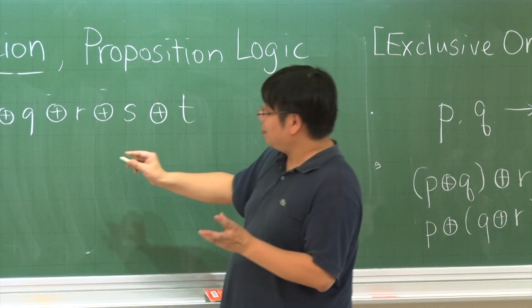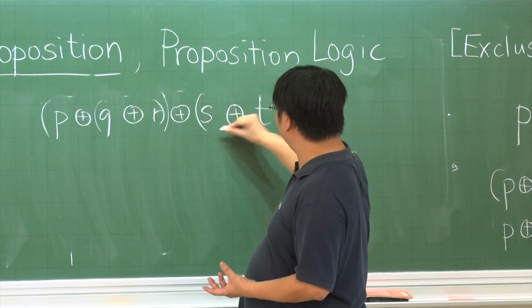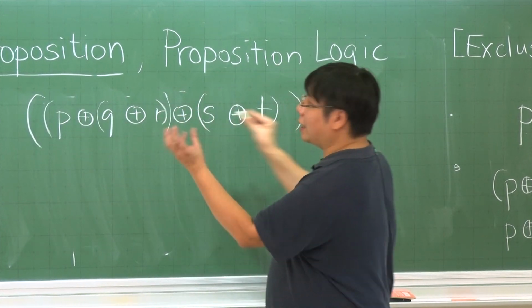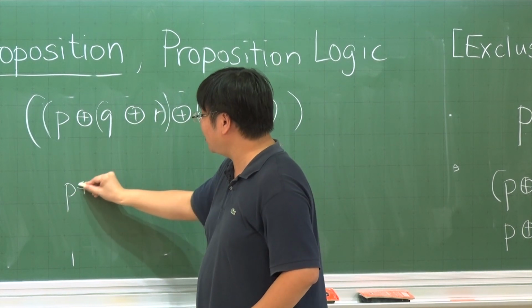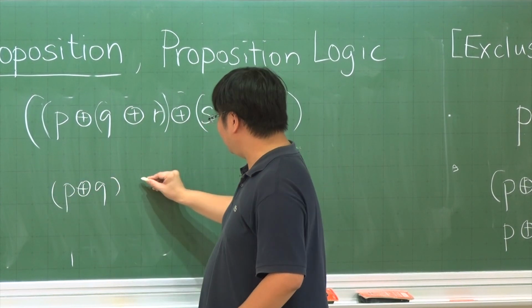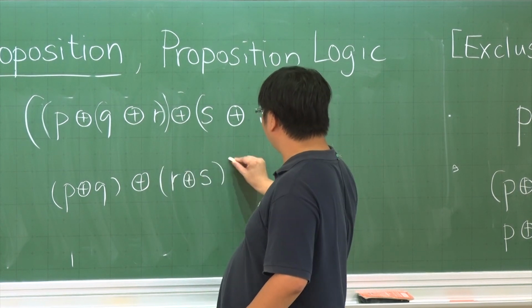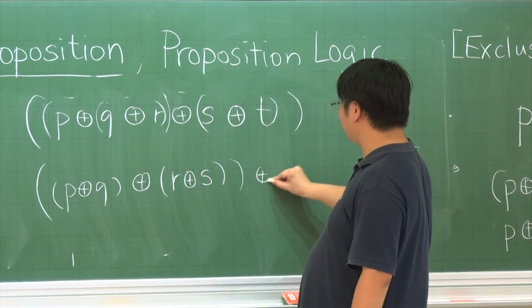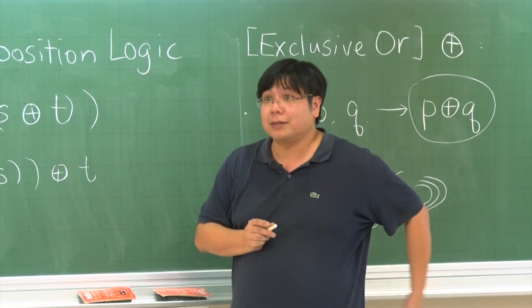Someone may really want something like this, but you know that you can rearrange the bracket and do whatever you like. Maybe you do P or Q first, and then R or S first, and then you do these two, and then you do this exclusive or T. They should have the same result.